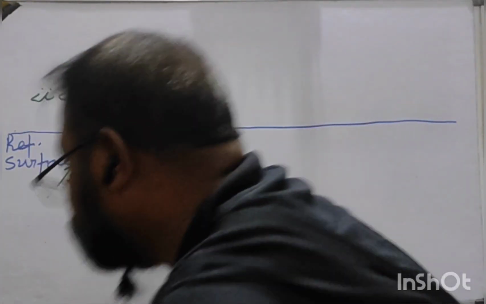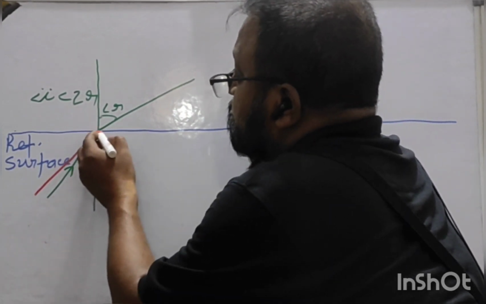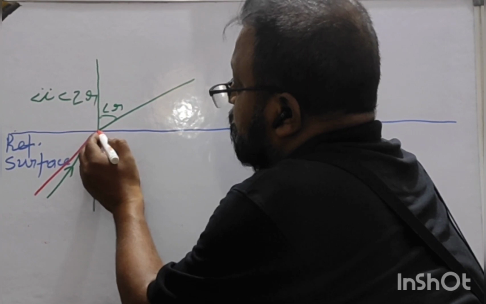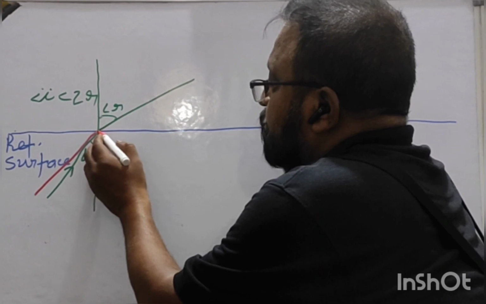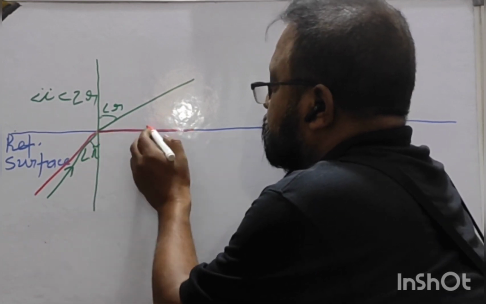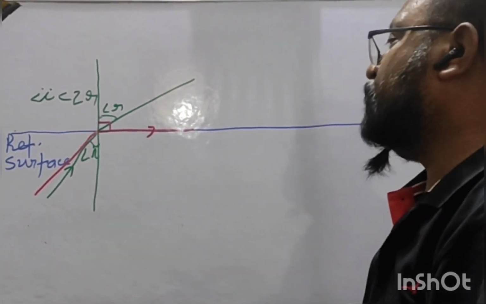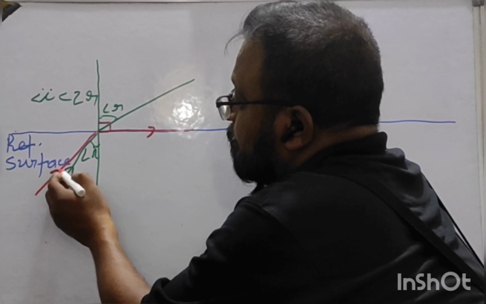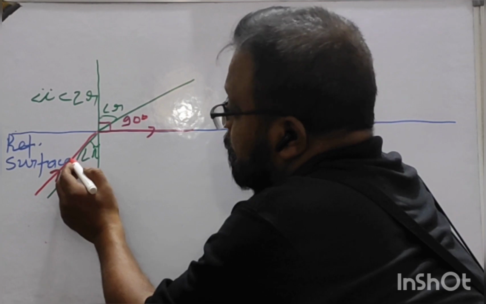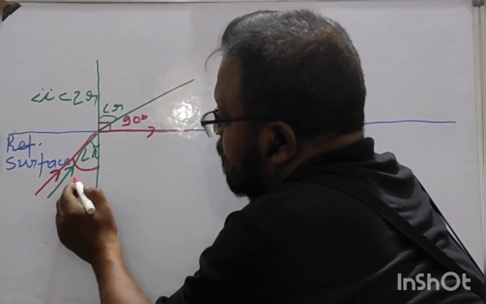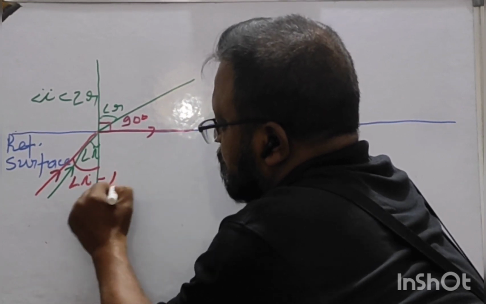I told you one more thing. If the angle of incidence is such that the refracted ray coincides with the surface and forms a 90-degree angle with the normal, then this angle I is known as angle IC.